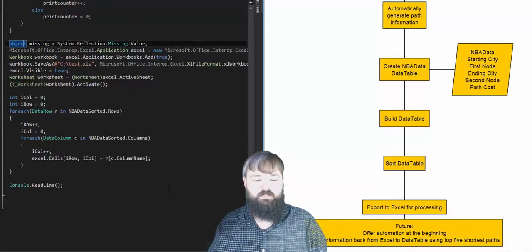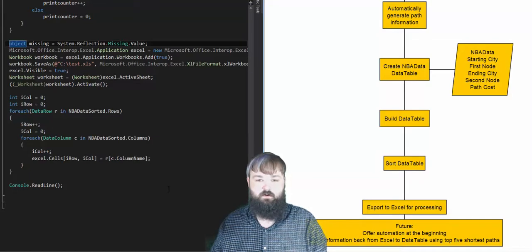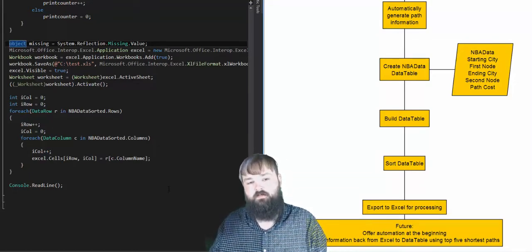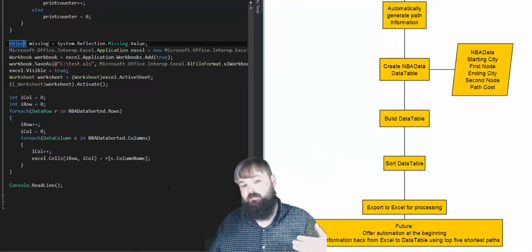But what this does is whenever you create the Excel spreadsheet, there's a lot of parameters that you may just not have, and so you can use this missing tool. So we'll just input missing whenever we don't have or don't need the information it's asking for. The unique thing about this is you can really customize what you do with these Excel spreadsheets. You don't have to create just the standard one worksheet spreadsheet.